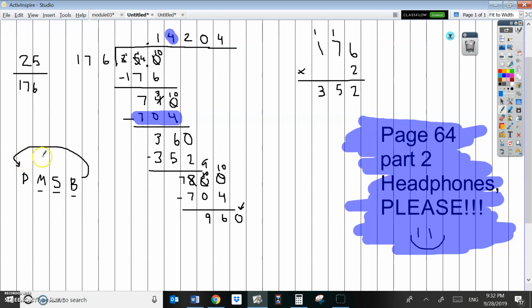So the question is, how many times does 176 go into 960? We already know that 4 times 176 is 704. So we can fit one more 176 into 960.